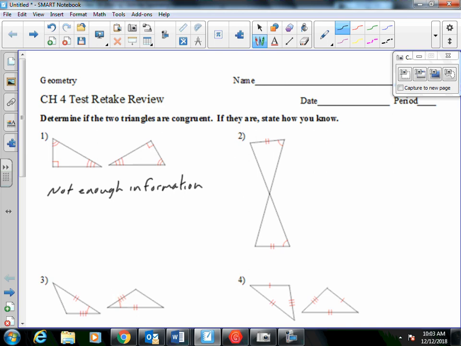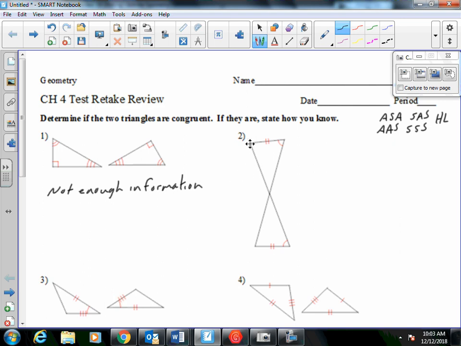Because remember, we're using angle side angle, side angle side, side side side, or hypotenuse leg if it's a right triangle. So if it doesn't fit any one of those, then we can't prove them congruent based on what they give us.